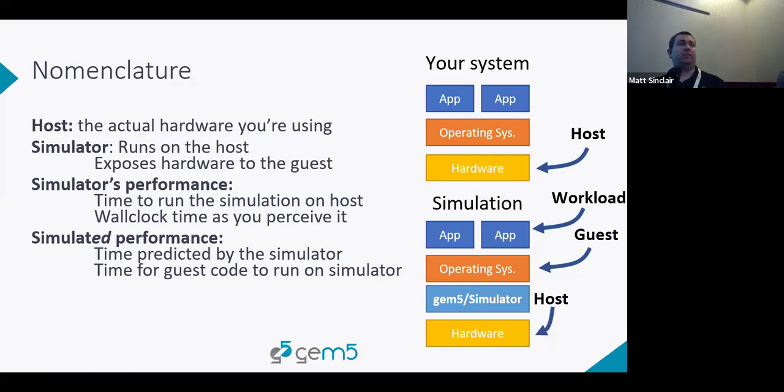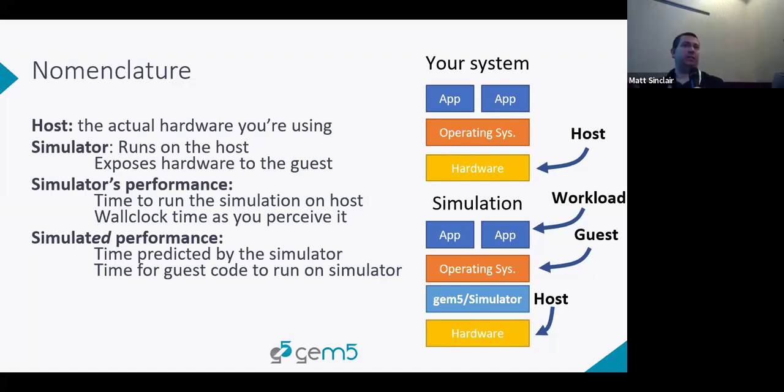However, because the simulator is running on this underlying system and modeling often at deep high fidelity the behavior of many different components, the simulated performance is the time that the simulator predicts your application would take to run on whatever piece of hardware you're asking the simulator to model.